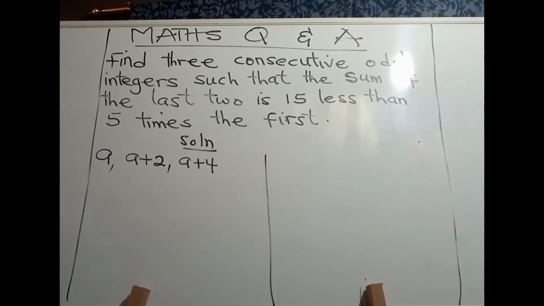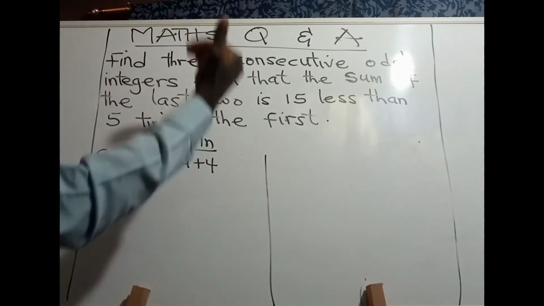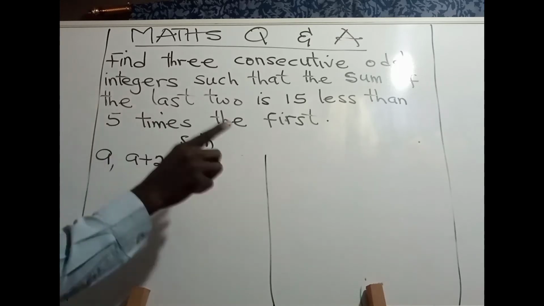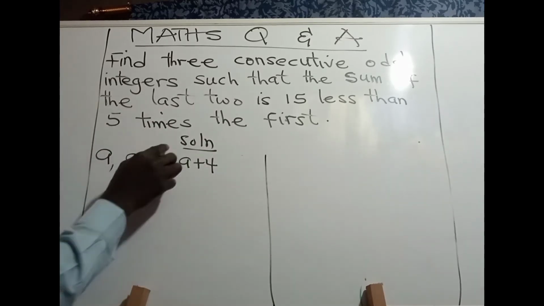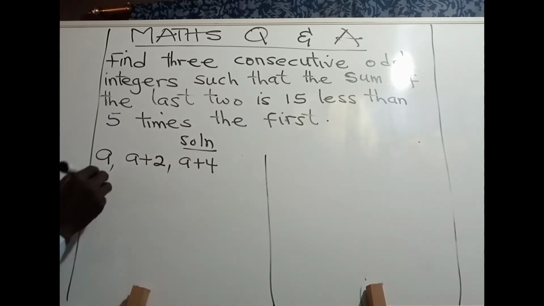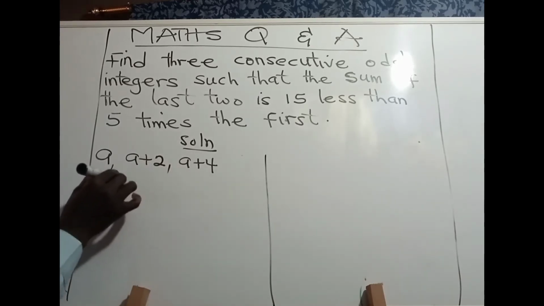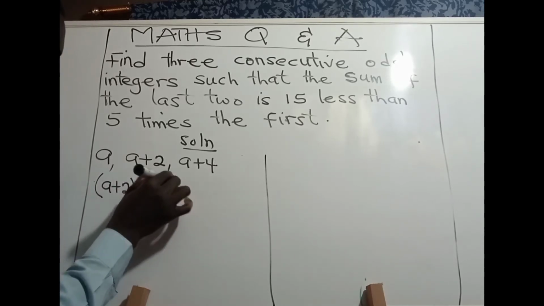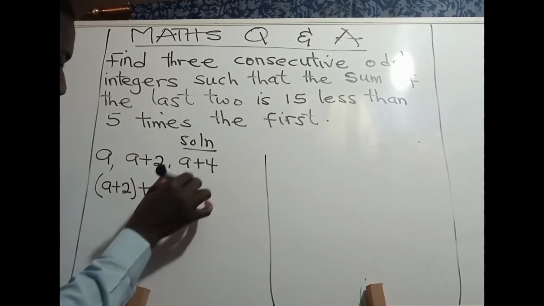Now back to the question. These 3 consecutive odd integers are such that the sum of the last 2 is 15 less than 5 times the first. So the sum of the last 2, these are the last 2 odd integers, is a plus 2 plus a plus 4.